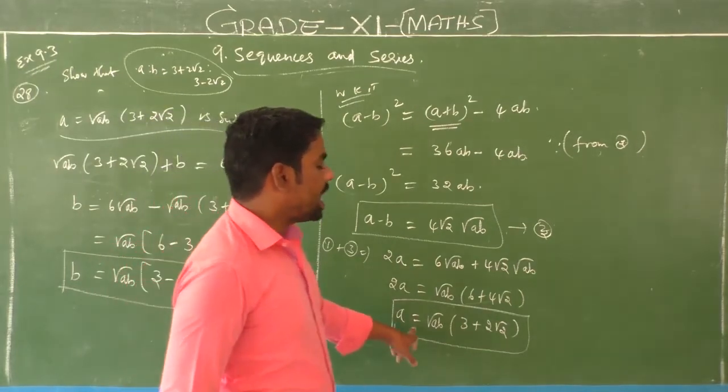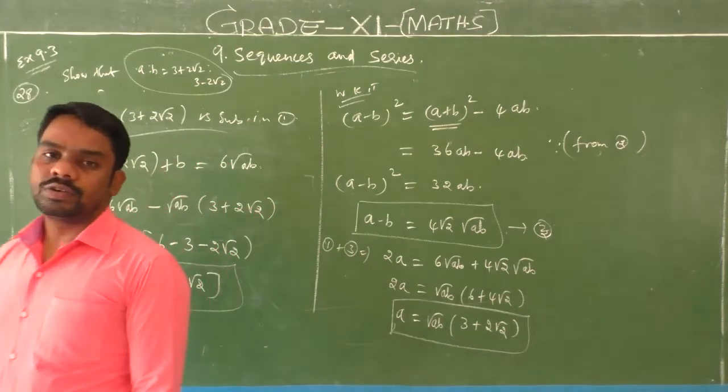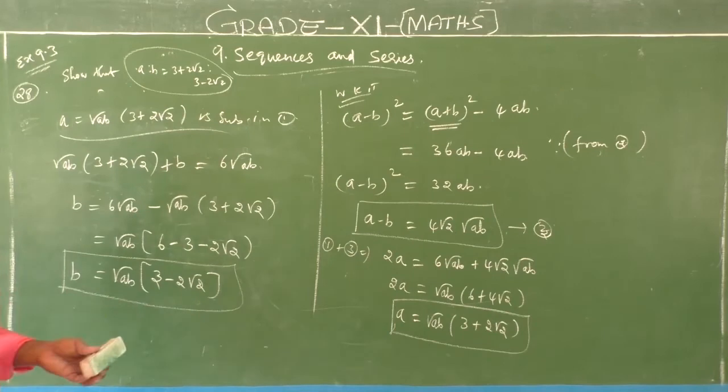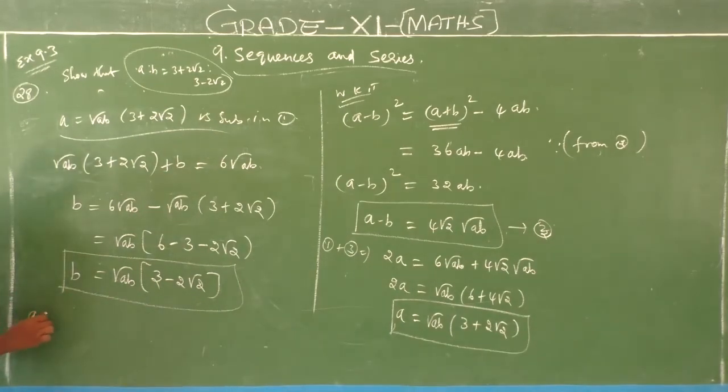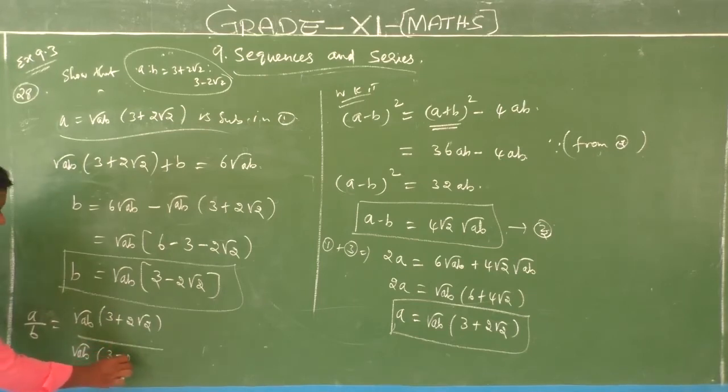Here the value of A is equal to root AB of 3 plus 2 root 2. We have to show the ratio of A is to B. A by B is equal to root AB of 3 plus 2 root 2 divided by root AB of 3 minus 2 root 2.